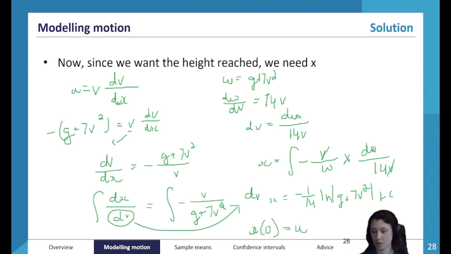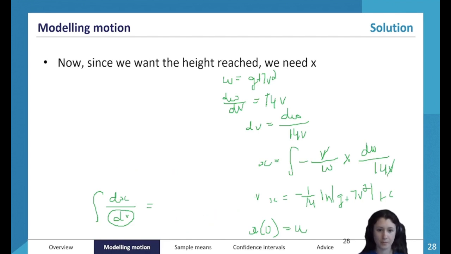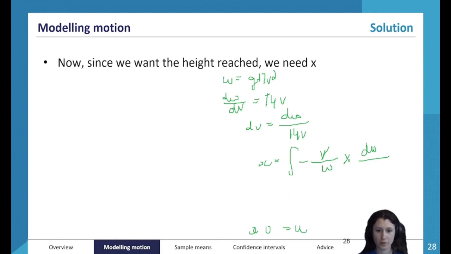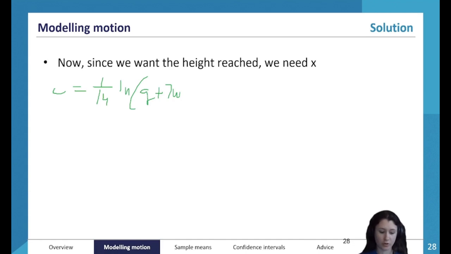Alrighty. So, let's just continue on from here. And I'll actually have to erase a little bit of this because we only have one slide, fortunately. So, given that initial condition, we know that C is therefore going to be equal to 1/14 ln(g plus 7u squared).